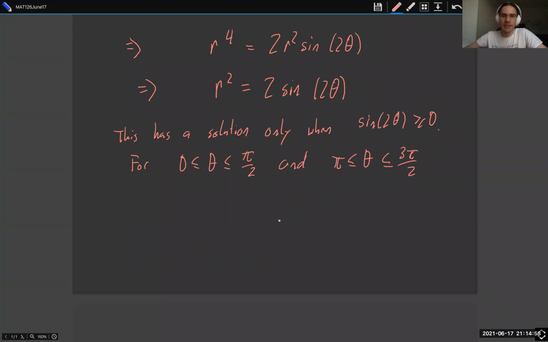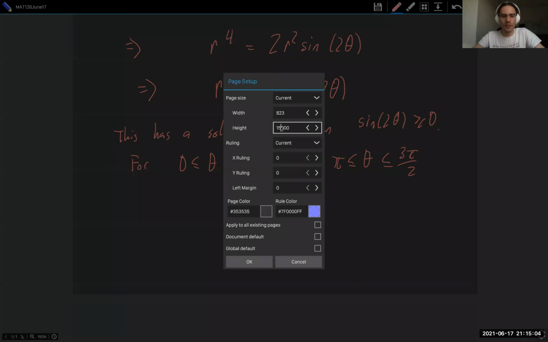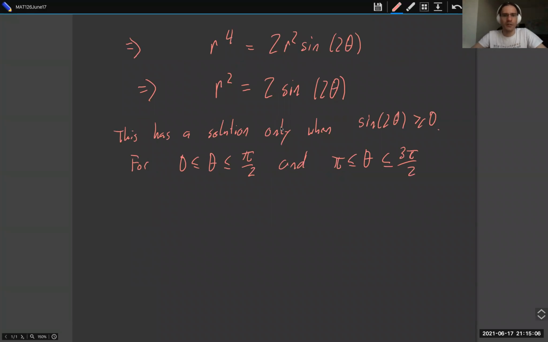I get basically the curve r equals the square root of 2 sine 2 theta.